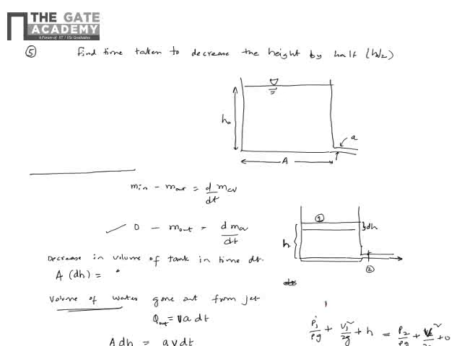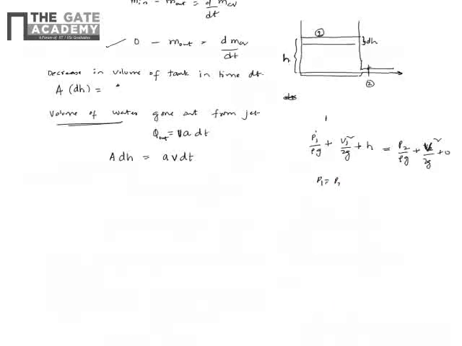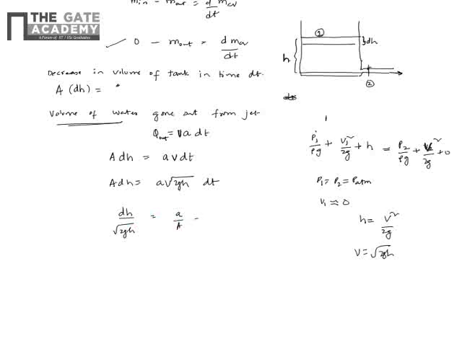P1 and P2 are both open to the atmosphere, and because the area of cross section is very large, V1 is almost 0. So h is V squared by 2g and V is root 2gh. So A dh is a V dt, and dh is root 2gh times small a by A dt.